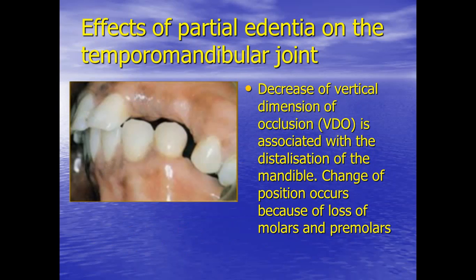So this condition associated with the distalization of the mandible, like you see in this picture, is coming together with the decrease of the vertical dimension of occlusion.